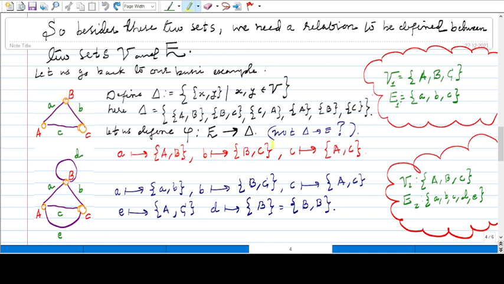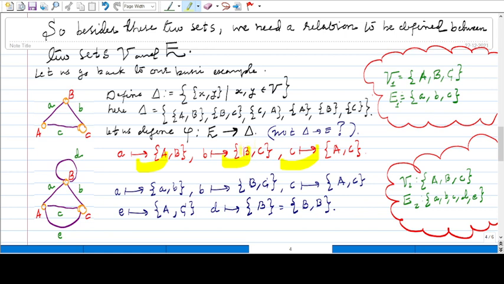Similarly, I map c to AC. So it is very well defined, no problem. For every element in E, I have a unique image, so it is a function. In this case, if you define from delta to E, you will not have a problem either. That is also a function.